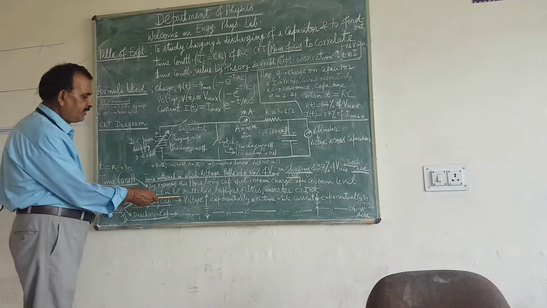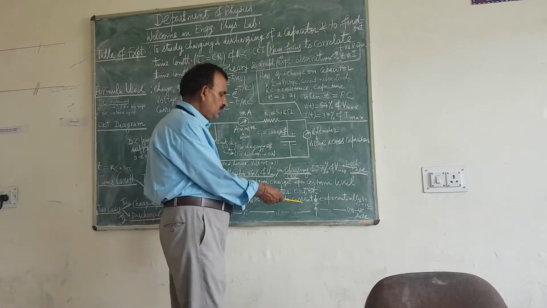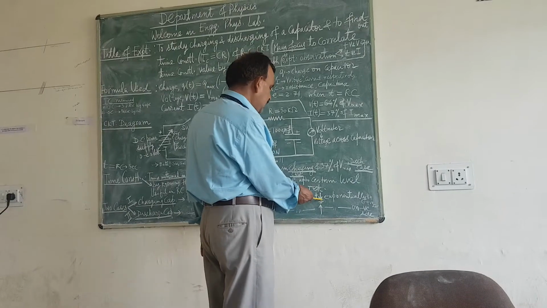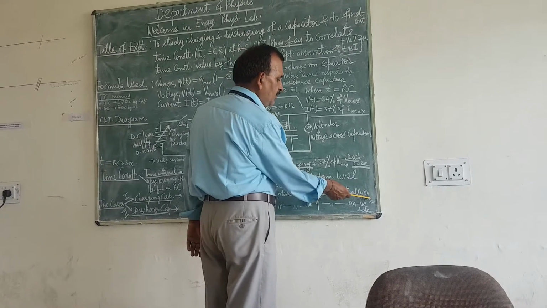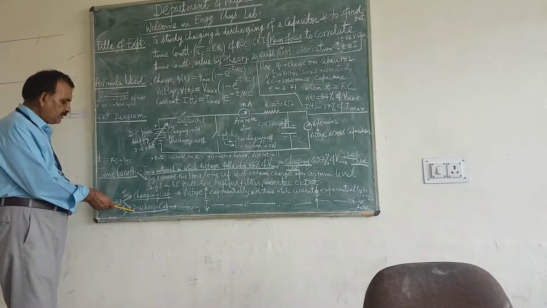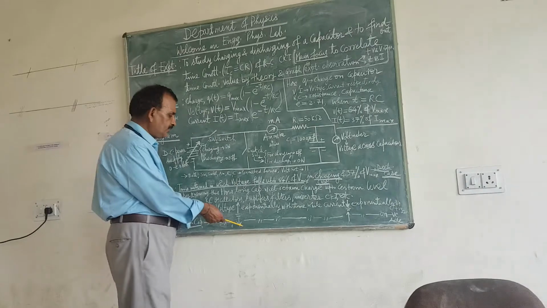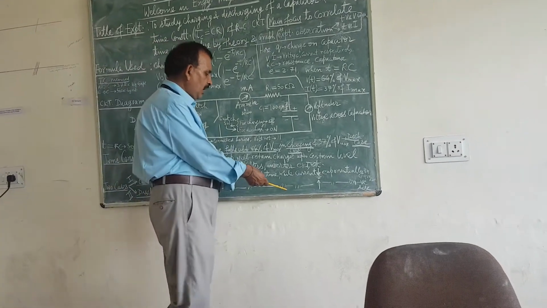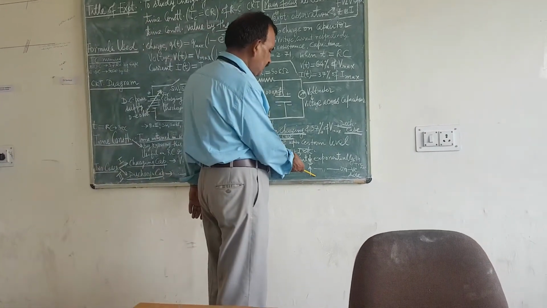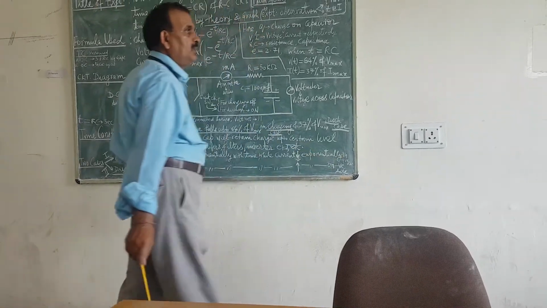In the charging case, the voltage increases exponentially with time, while the current decreases exponentially on the positive side. While in the case of discharging of the capacitor, the voltage decreases exponentially with time, while the current increases exponentially on the negative side.